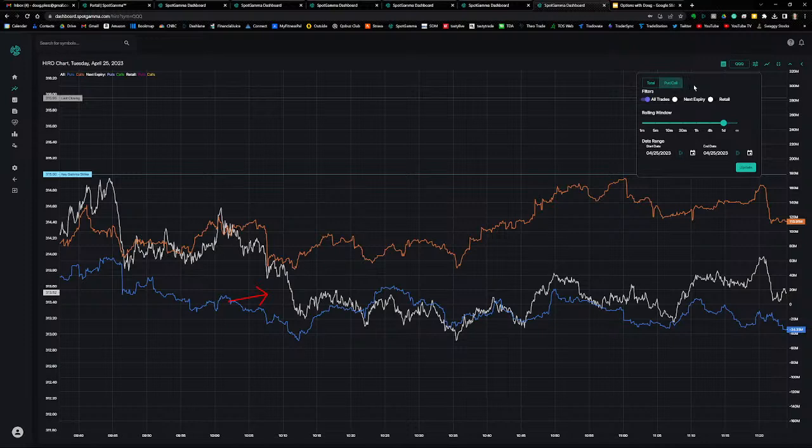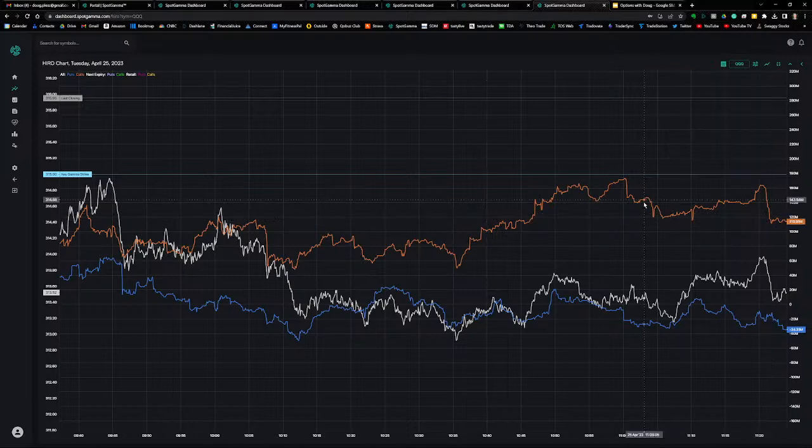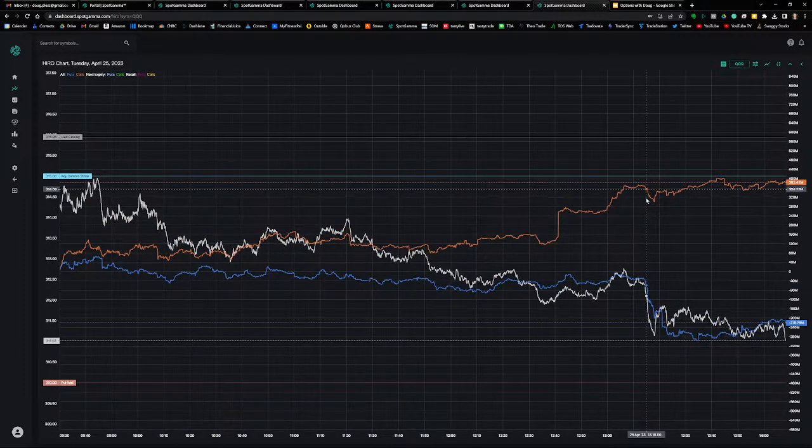So it looks like traders continued to buy puts, and that looks like probably a pretty large order selling calls. Let's zoom in on this.